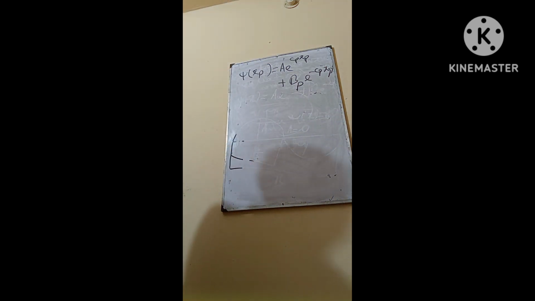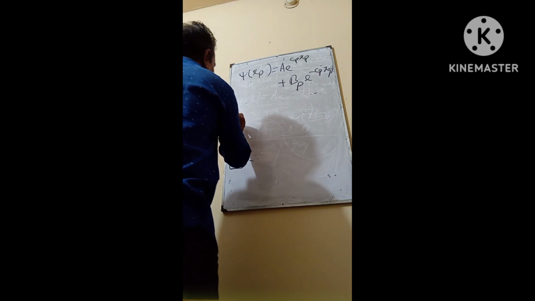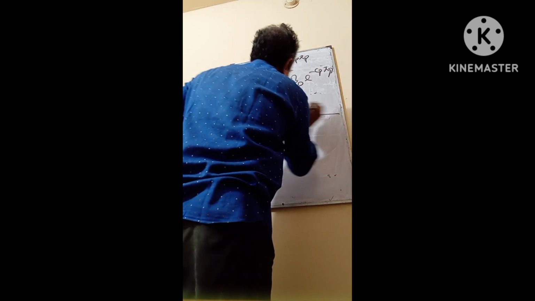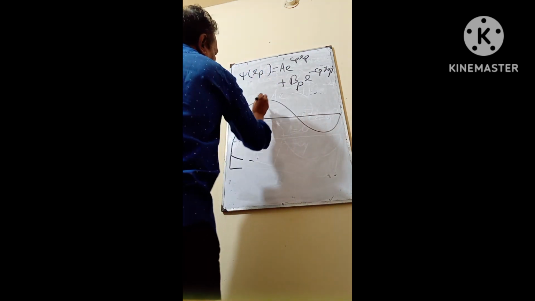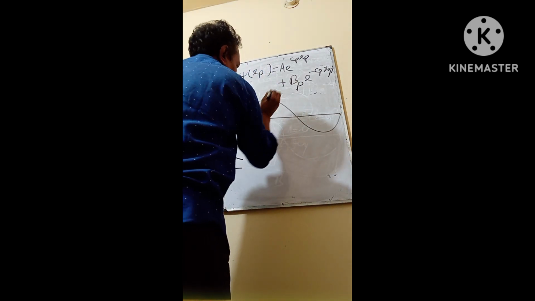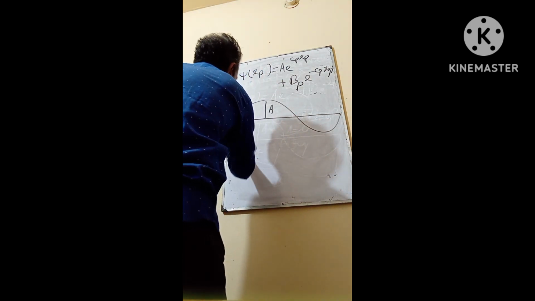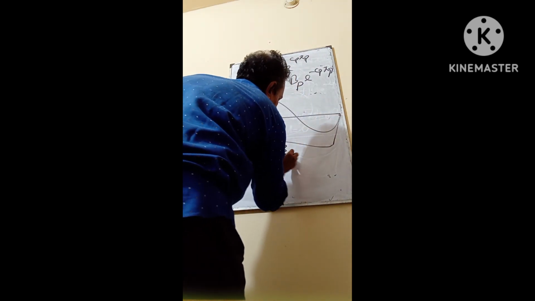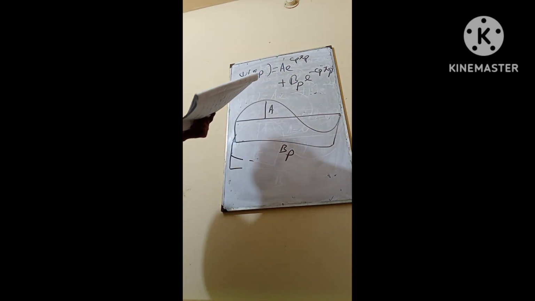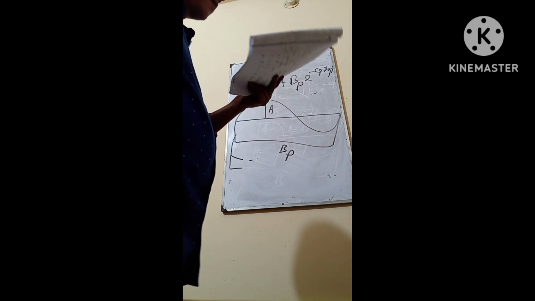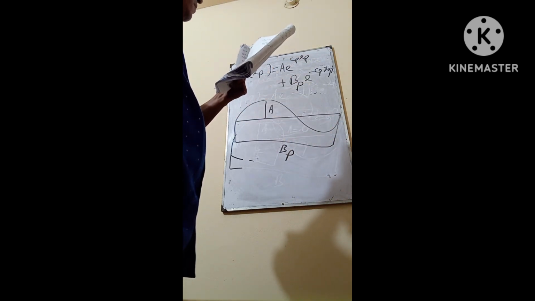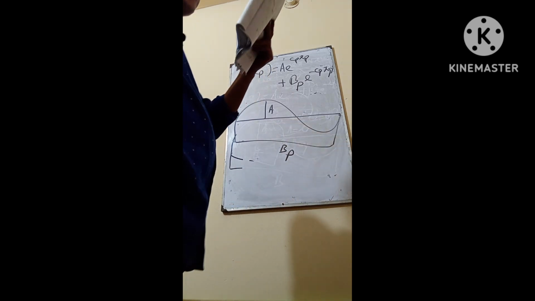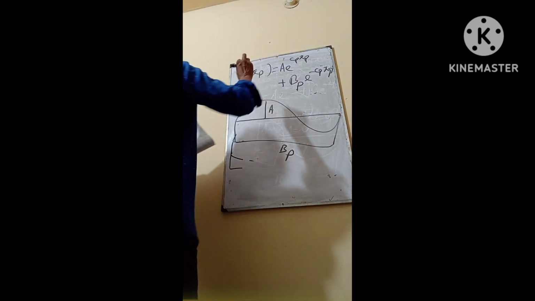Now I further draw the curve, so it is the BP, and then I am explaining the graviton particles wave equation.